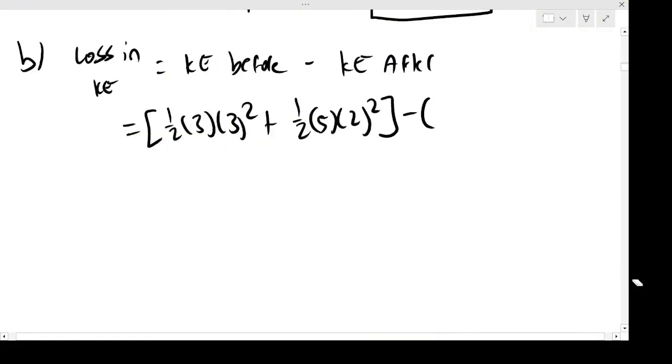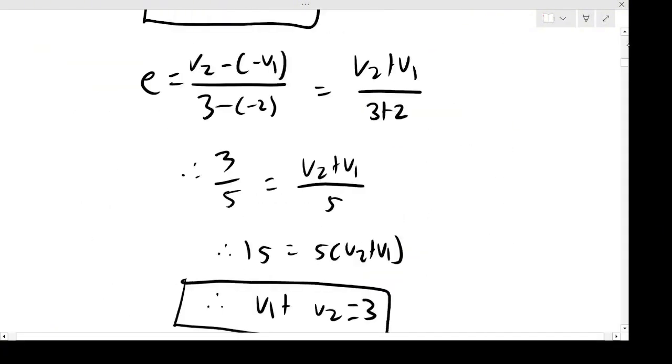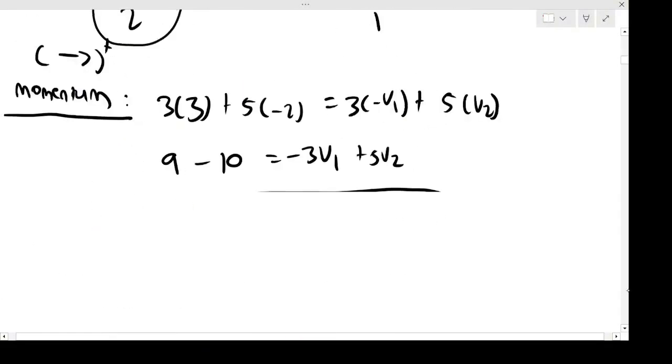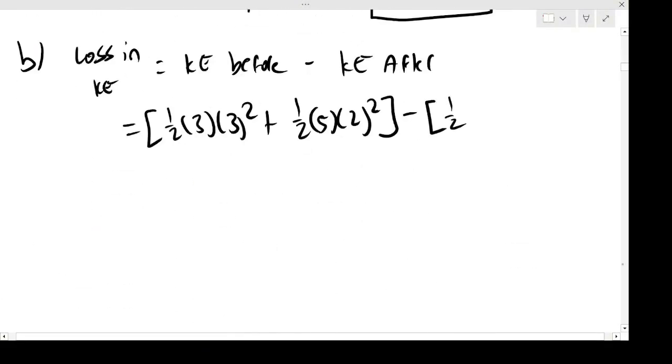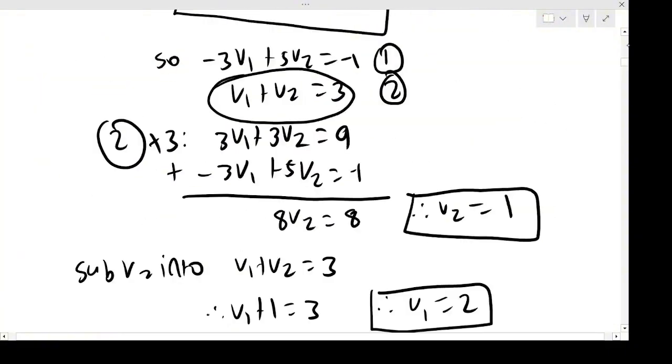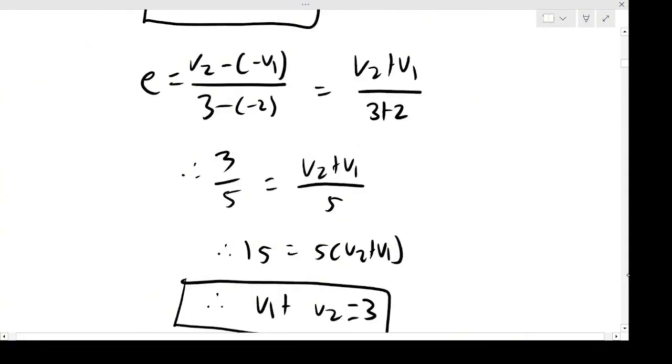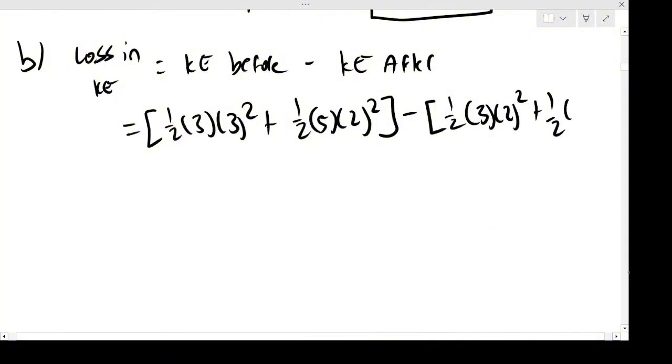Then we're going to take away the kinetic energy after. So that's going to be half, and then for A, the speed afterwards is 2. So it's a half times 3 times 2 squared. Add the final kinetic energy for B. The speed afterwards is 1. So it's a half times 5 times 1 squared. And there we are.